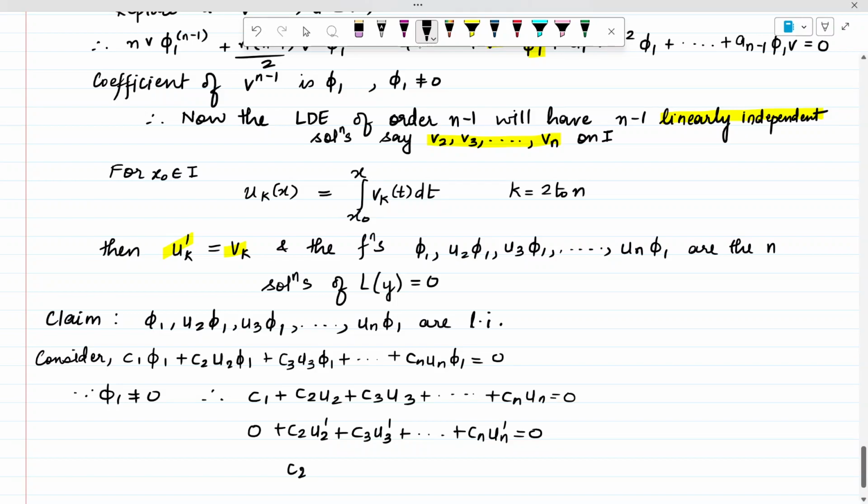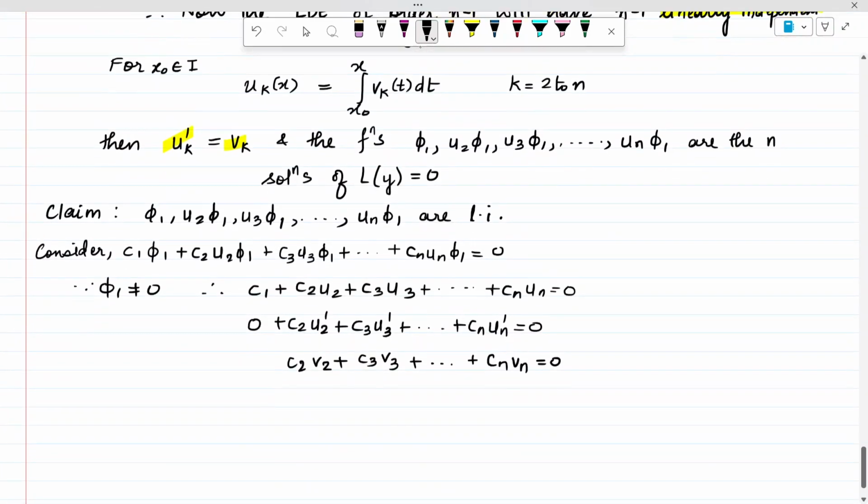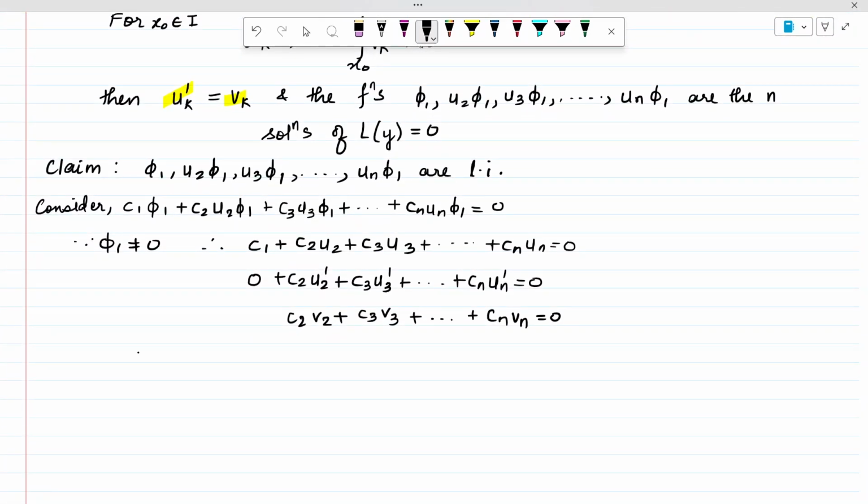So C2 U2 dash will be replaced by V2, V3, and Vn. Now if I consider this, since V2, V3, Vn are linearly independent, I can say that C2 is equal to C3 is equal to Cn is equal to 0.